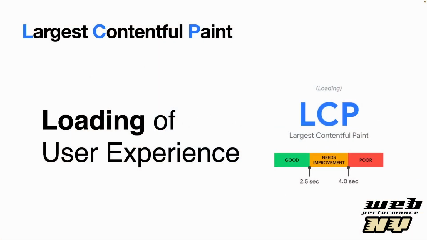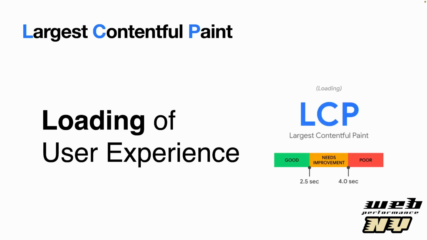Loading of user experience, right? This category represents how quickly things show up. And specifically, Largest Contentful Paint. Which kind of means things that actually are content. A largest background is bigger than anything else on the page, obviously, right? But that doesn't matter. What matters is actual content, right?